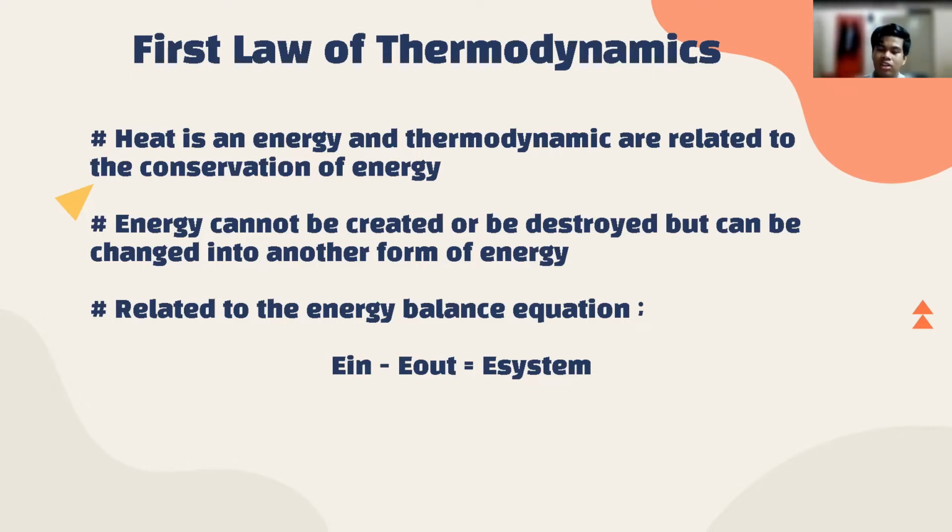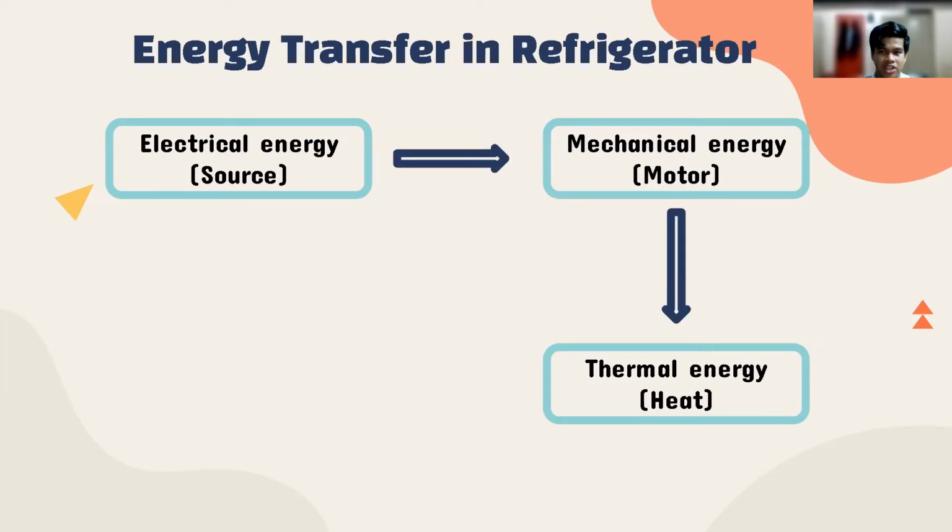Besides that, there is a formula related to the first law of thermodynamics, which is the energy balance equation. The basic equation is E in minus E out equals E system. So in the refrigeration system, the energy used is electrical energy, which comes from the power plug that we have in our home.